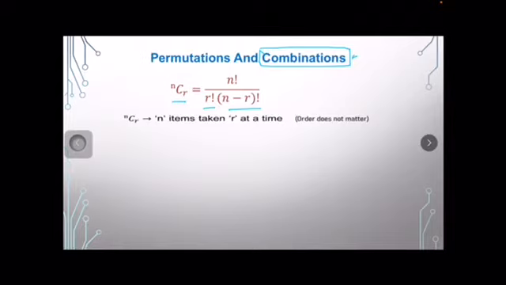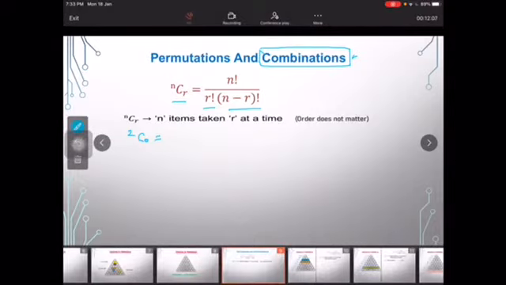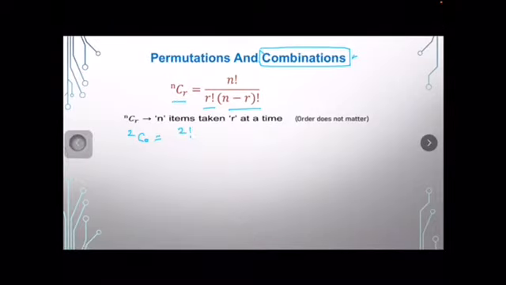Now suppose I ask you, what's the value of 2C0? You can easily calculate it: 2 factorial upon 0 factorial into 2 minus 0 factorial, where n is equal to 2 and r equal to 0. 2 factorial divided by 2 factorial is 1, right?